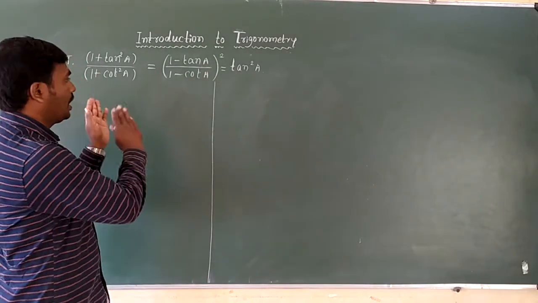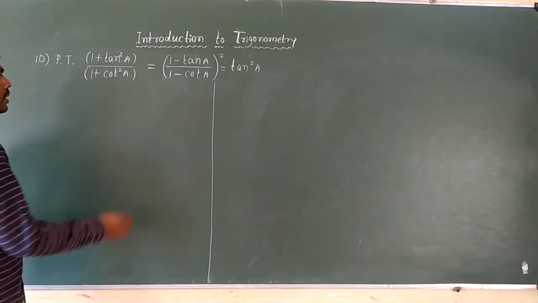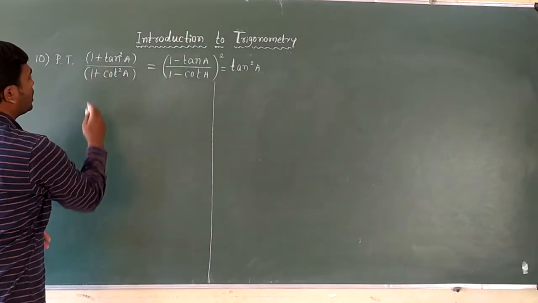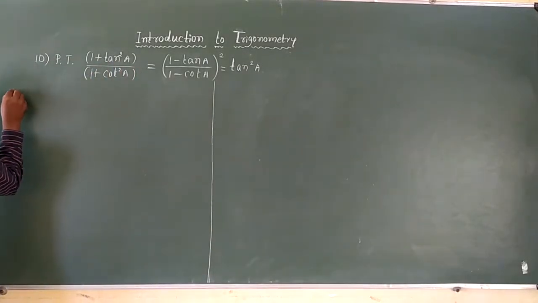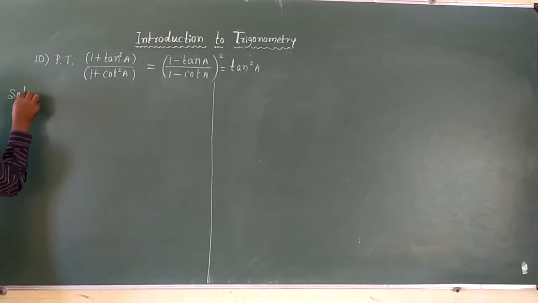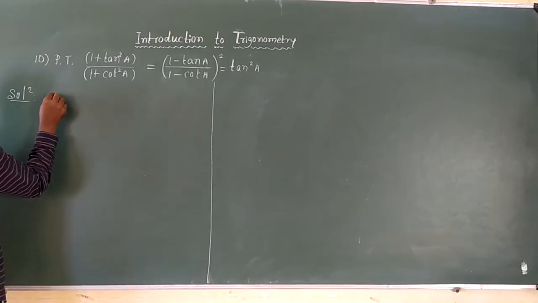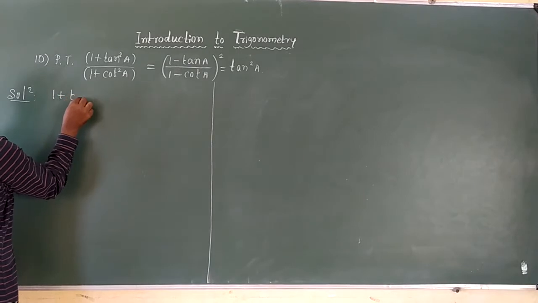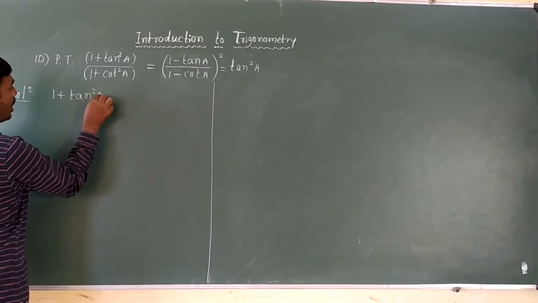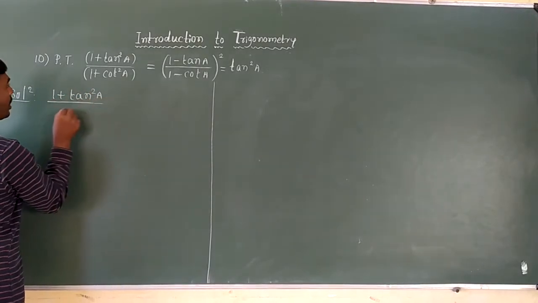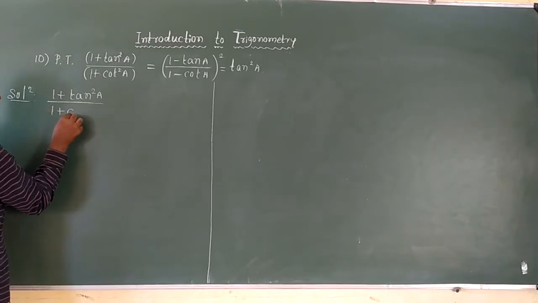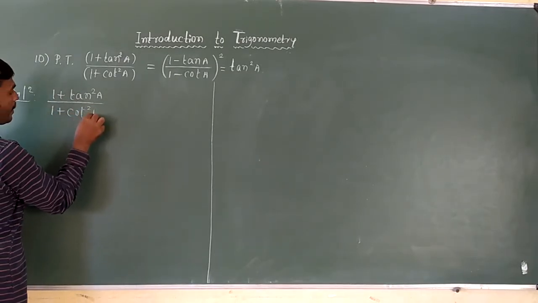We will prove it by taking separately these two here. First, let us solve it by taking here (1 plus tan square a) whole divided by (1 plus cot square a).